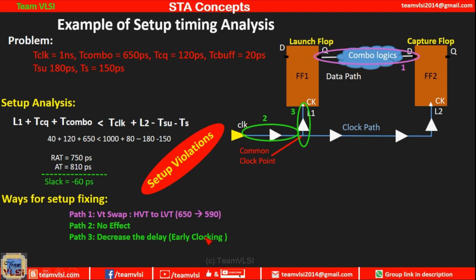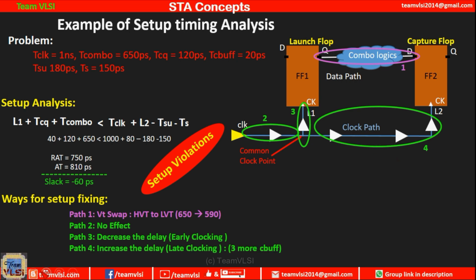Okay, the next scope of fixing is in this path. Where does this delay appear in the equation? This delay is contributed in L2, which is on the right hand side, and the right hand side should be greater than the left hand side. So if we increase this delay, it will help to fix the setup.